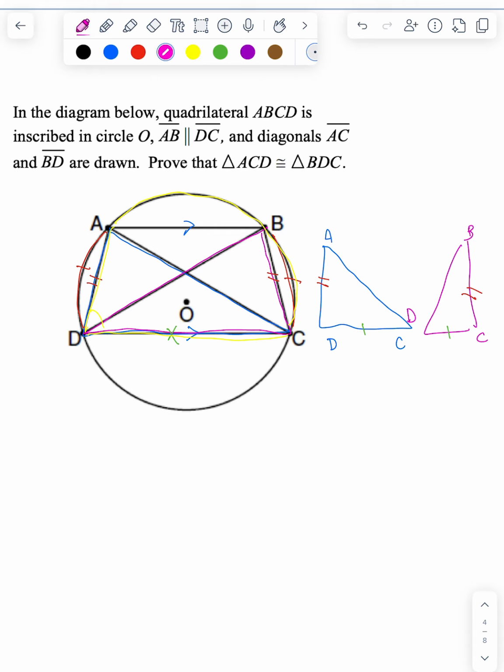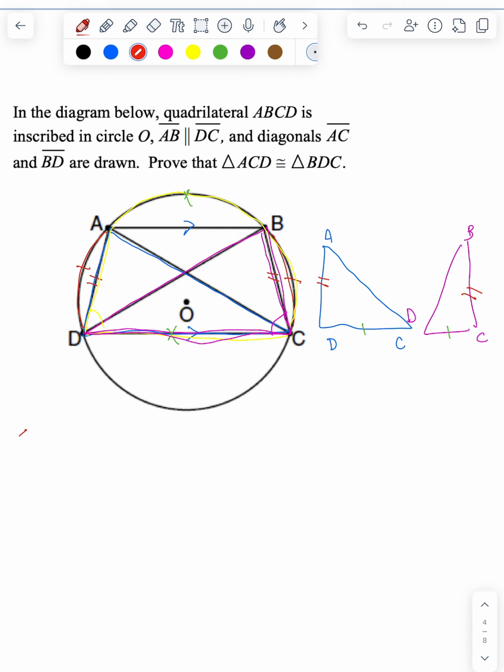And angle BCD is this angle over here, and its intercepted arc is arc DAB. But those have to be congruent because DA and BC are congruent. So if they both have AB as part of their intercepted arc, then let me write it out.